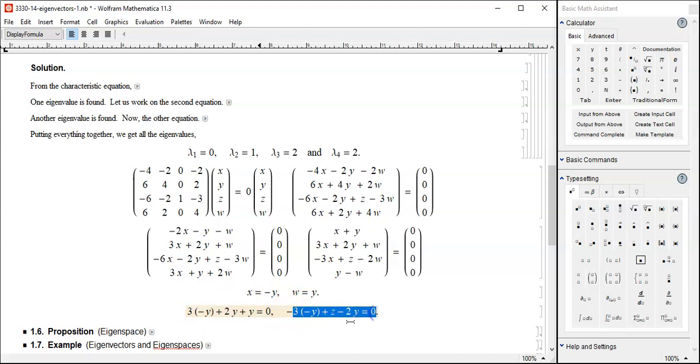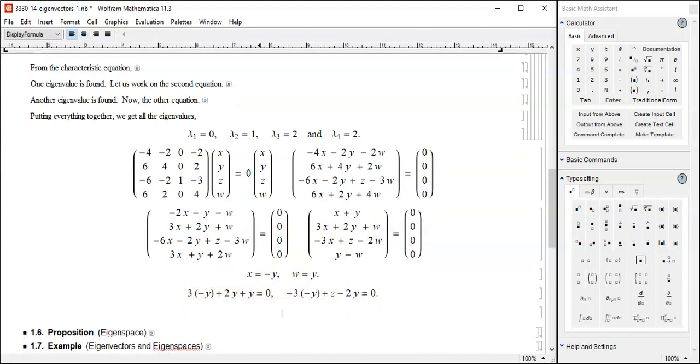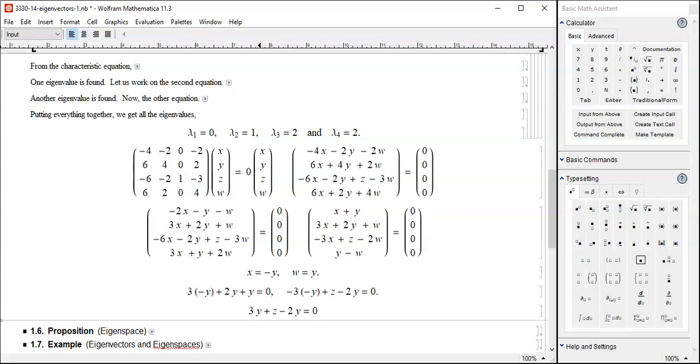It doesn't give you any additional information, which is natural. From here, I'm going to get z. Let's see. 3y plus z minus 2y is equal to 0. So z plus y equals 0. Am I getting z equals negative y?